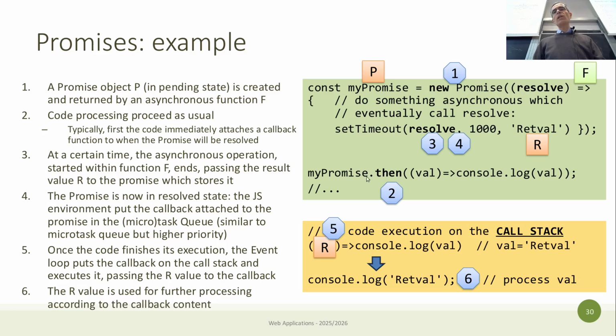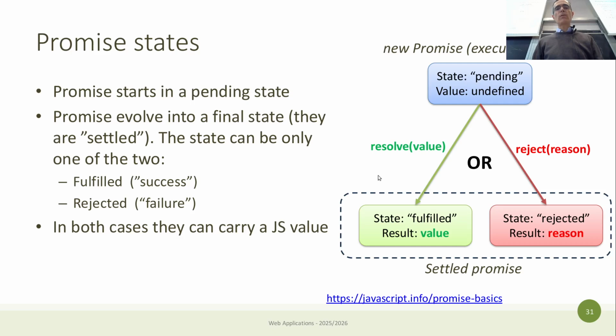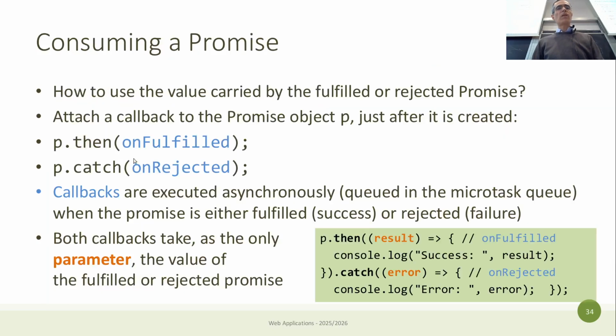And then you can immediately use it. And indeed, it's what you typically do. You call the then method on this promise object, and all promise objects have the then method, and also the catch, but we're interested in the then here. And then you pass a callback to be executed once the promise is fulfilled.